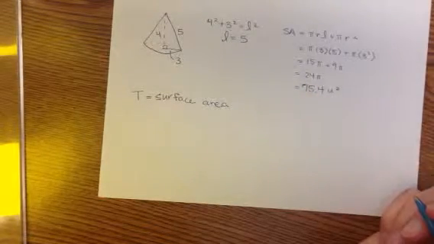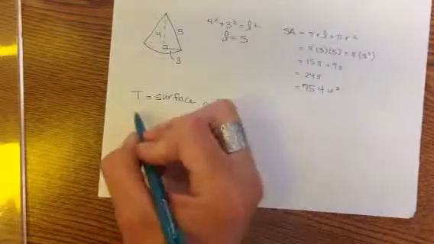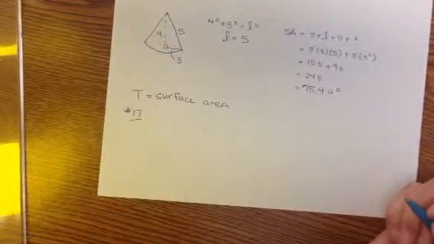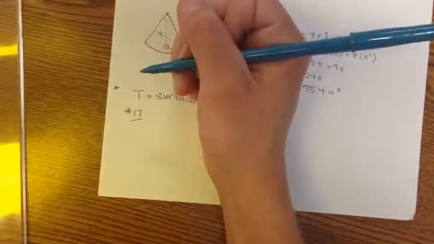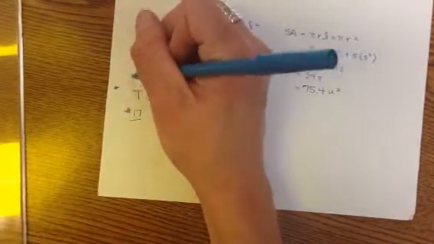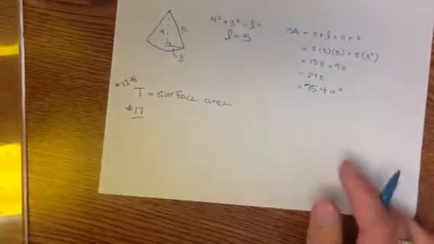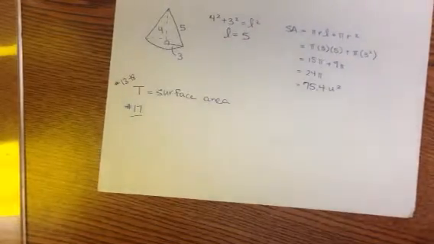So let's say that we are looking for number 17. And this is really good for what you're using for 13 through 18. But I'm showing you number 17, which is part of your homework. So I'm not going to finish this one for you guys. I'm going to show you how to set it up.